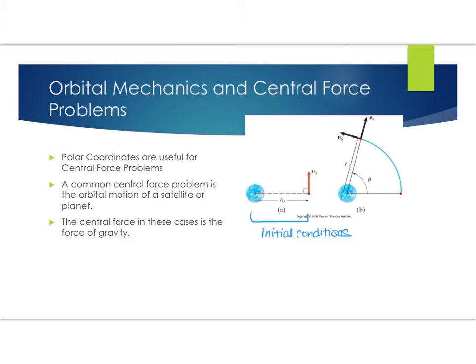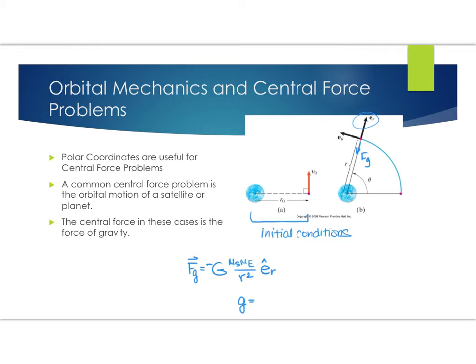So the force that we're talking about is the force of gravity, which in this case we would write as big G, the mass of the satellite, the mass of Earth, over r squared. And this is in the radial direction. I have to put the negative sign because you can see the radial direction points out, and gravity is going to point in. We're going to rewrite this to get rid of some of the constants.